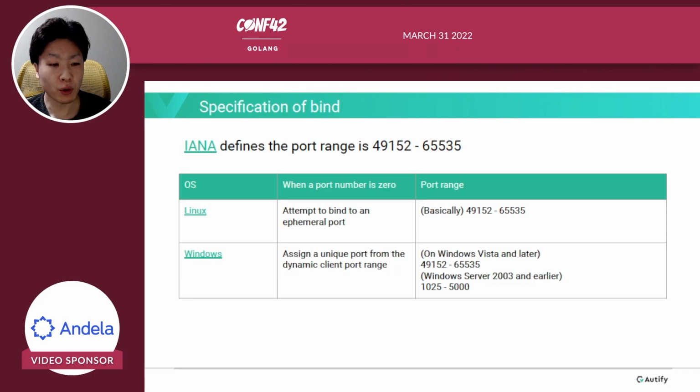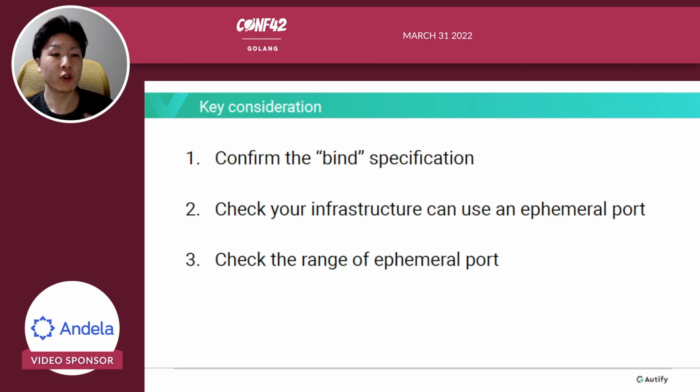You can see the port range from the bind specification. For example, if you use Windows Server 2003, the port range is from 1025 to 5000.